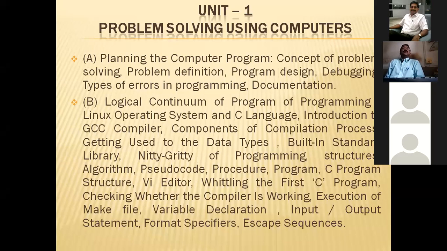Don't worry, this unit is very simple, but it is some sort of planning of the computer program and the logical continuum of programming using data types, programming concepts, algorithm, then C programming, how the program will work, how the program can be written on the VI editor, and how the compiler executes the particular program.